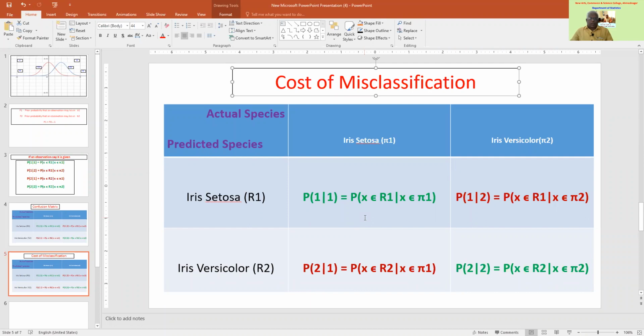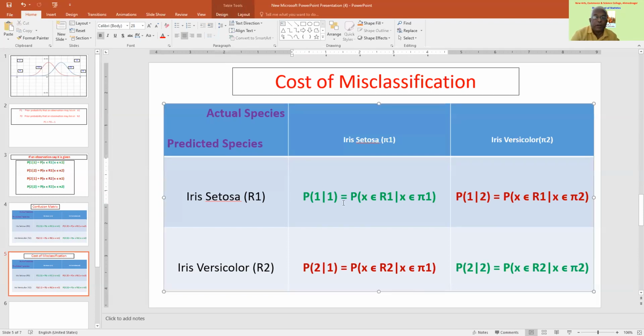So let us see this setosa and versicolor case again. If a flower from setosa is classified as setosa, it is a correct classification. It means there is no misclassification, and correct classification will lead to zero cost of misclassification, because it's a correct one.